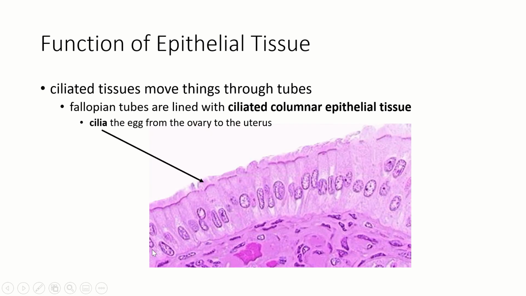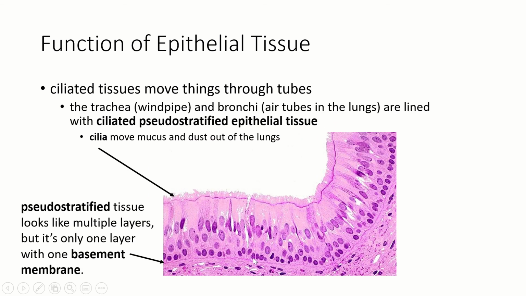Like here, the nuclei are all lined up pretty well in one row. Here, they're kind of a mess, yeah? So this is called pseudostratified columnar epithelial tissue because it looks like two or more layers, but it's actually not. It's a fake out.